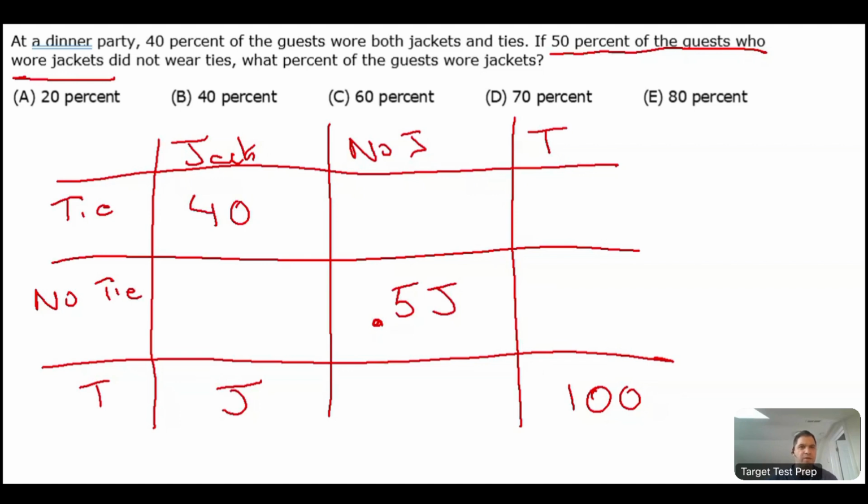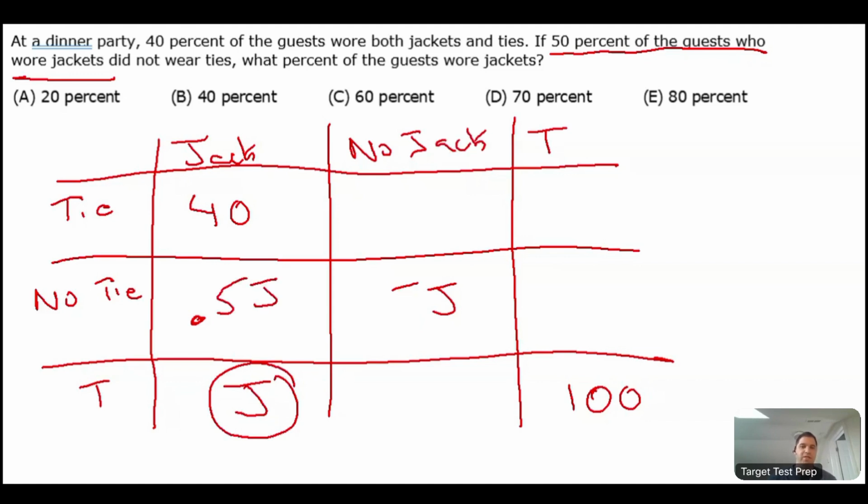Although something doesn't look right here, so let me just make sure. Let me make that a J here. Okay, and we want to know what percent of the guests wore jackets. So we need to figure out what J is. Sorry, did not wear ties. No tie is here. This is no jacket. I knew something was off. All right, now we're good.